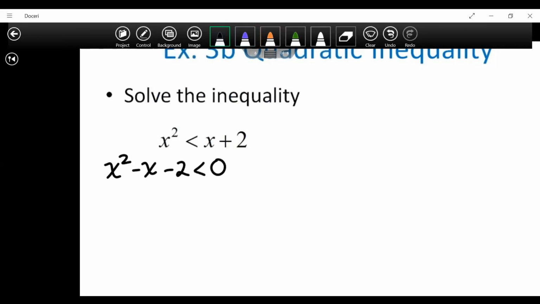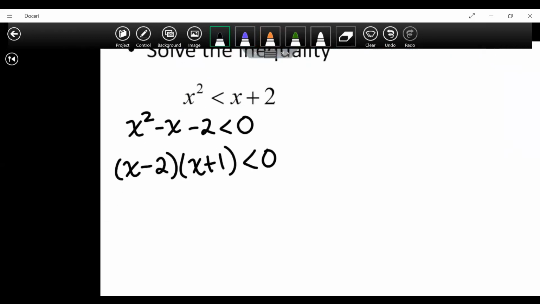What are my factors? Perfect, we have our factors. What's my solutions? 2n, -1.